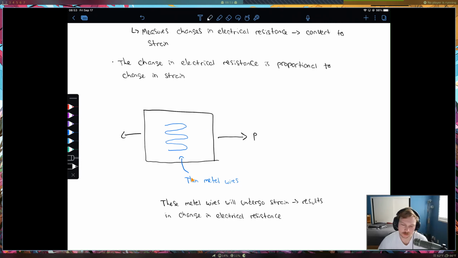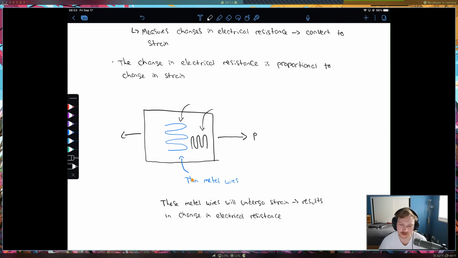And just as a little aside, if it is orientated like this, that allows the strain gauge to not experience much strain, but it's going to be affected by temperature. Let's say that we have this metal wire that's still present, and we have this one. Both of those are going to experience changes in temperature the same, but their experience in strain is going to be different.